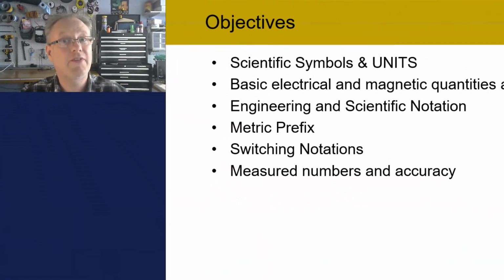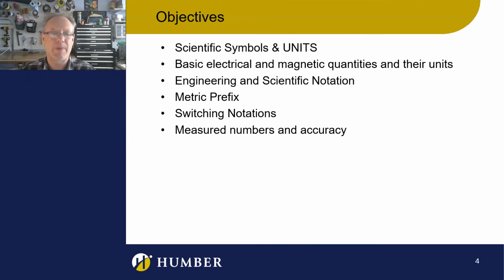Cool. So enough about that. We're going to look at some basic electrical and magnetic quantities. It's really important. Magnetics are huge. So I want you to become familiar with some of those symbols, because later in this course we're going to delve right into that stuff. And engineering and scientific notation: I want to teach you scientific notation just so you know not to use it, because we're studying engineering notation.